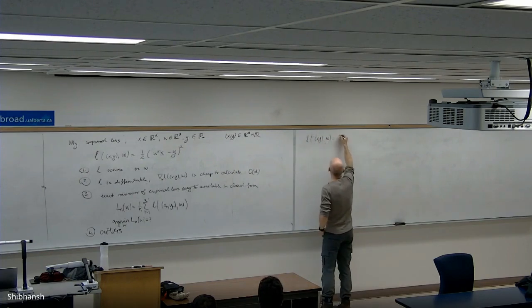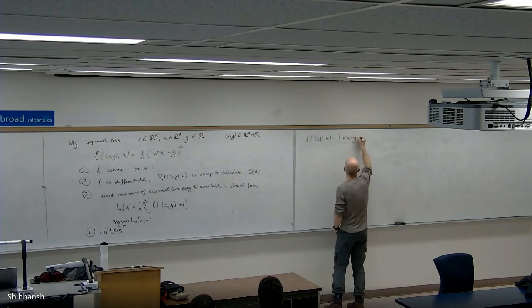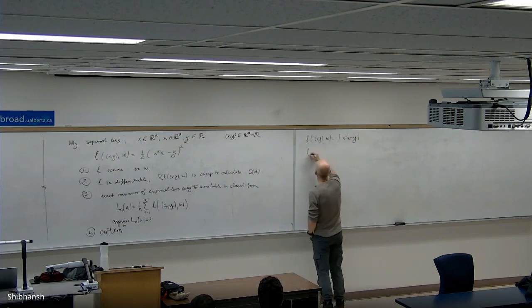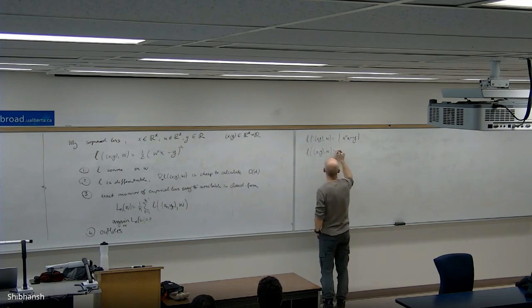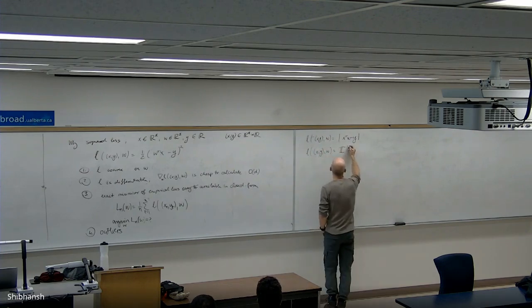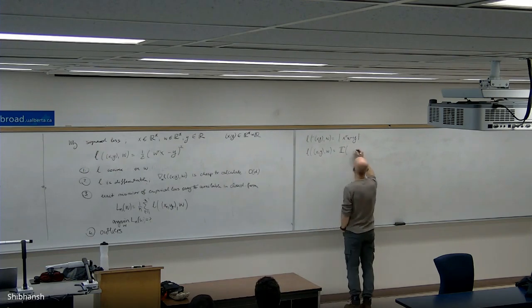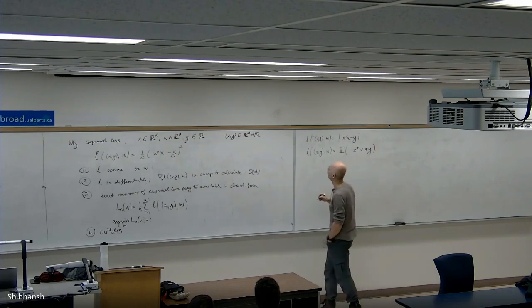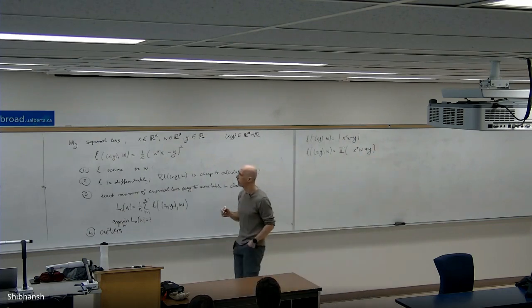So here is the absolute value, and it is the 0, 1 loss, so it's a sign loss if these are different. Okay.